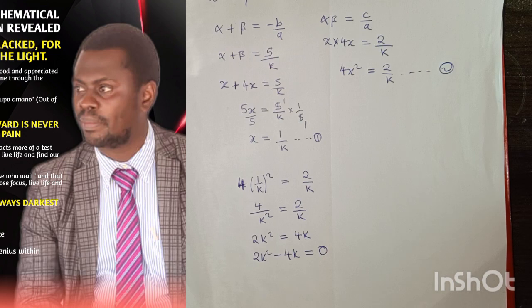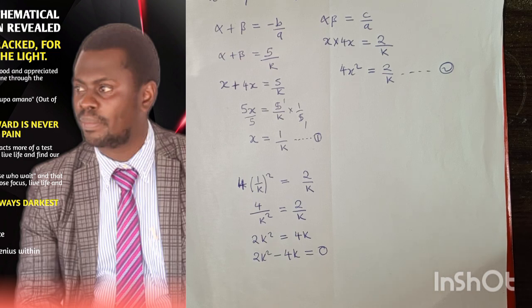So we have a quadratic equation, and we can solve it by factorization. In 2k squared and 4k, the highest common factor is 2k.